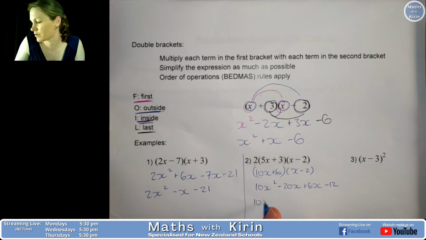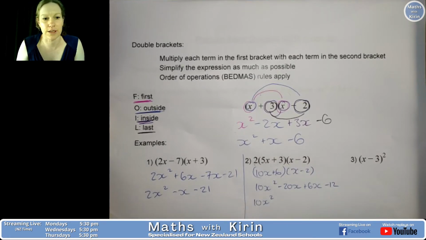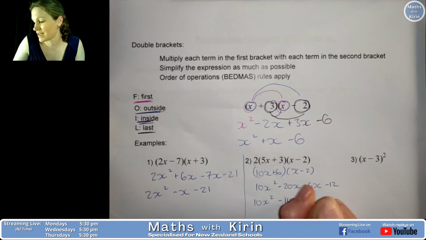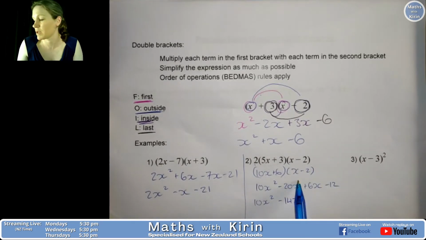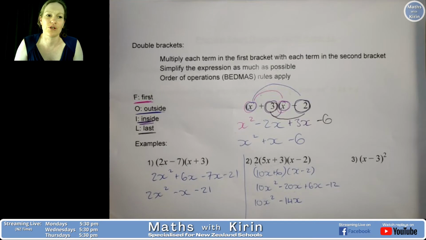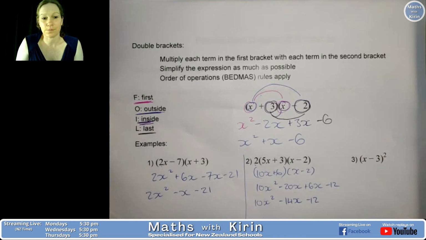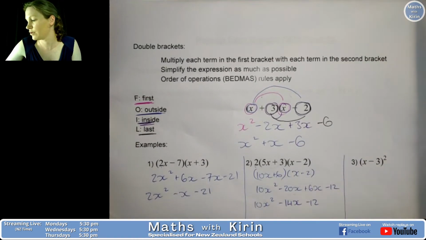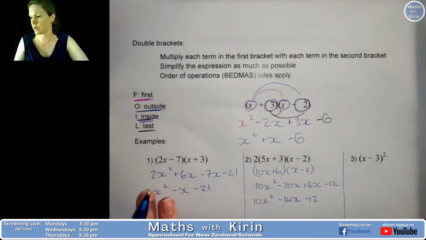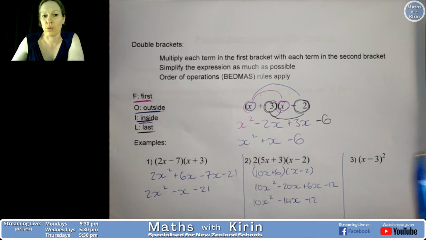Tidying that up, we've still got our 10x squared, and then negative 20x plus 6x is negative 14x. Just be careful with negatives. You'll know that with MCAT you're not allowed a calculator, so just take your time if you need to, and make sure that you don't make any errors unnecessarily. And minus 12. Cool.